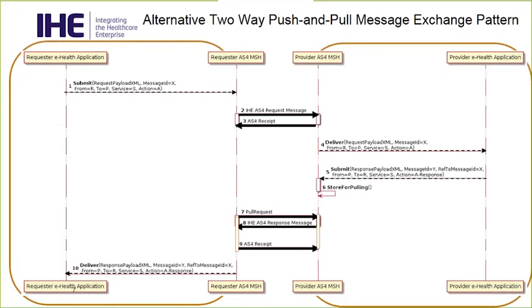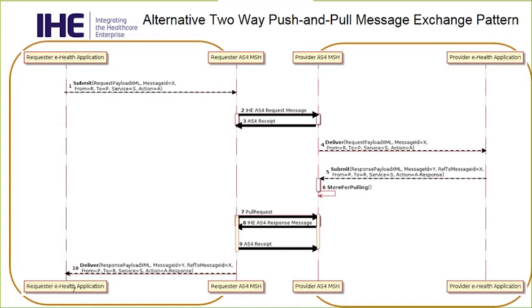Likewise, we can do a push and pull, and you see that the request message and the AS4 receipt are handled exactly the same way, but you now have this transaction number 7, which is, having sent a request message, the left side application issues a pull request, and if there is a message, receives the message and then acknowledges the message with an AS4 receipt.